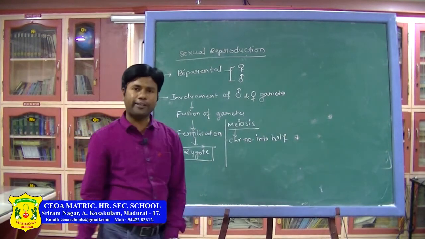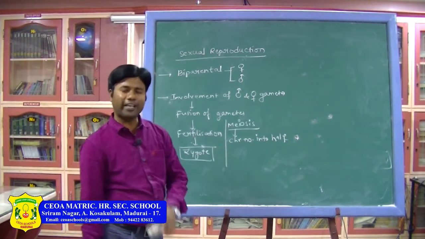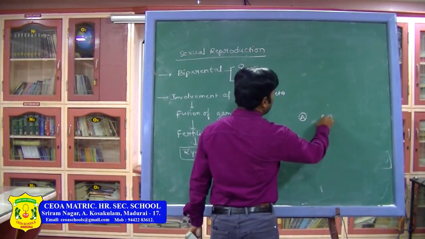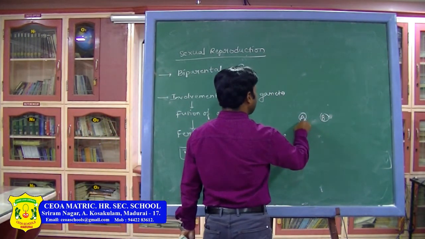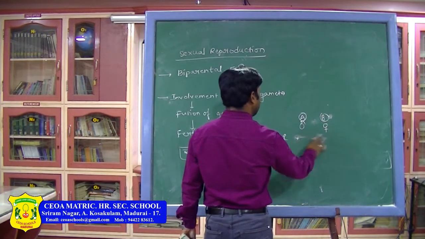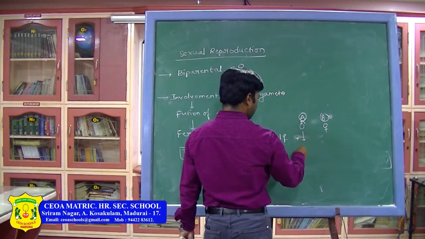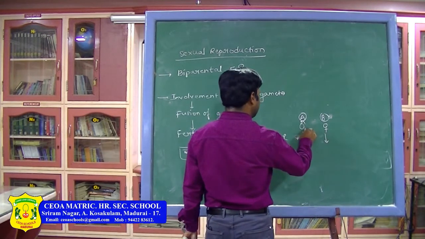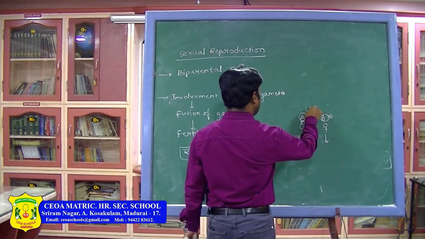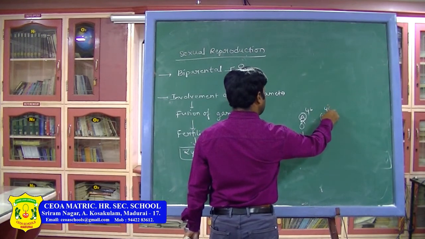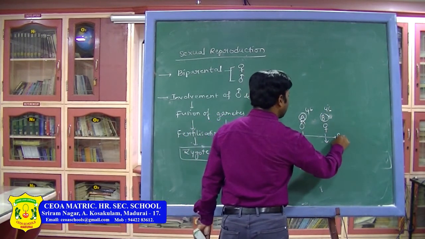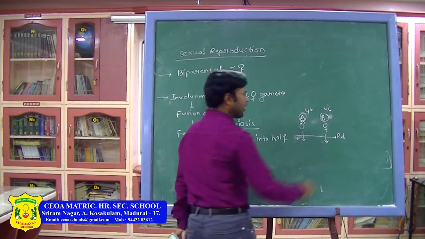Why does it have to be reduced? If it is not reduced, what happens? For example, A is an organism and B is an organism, male and female. The gametes are produced from the male and from the female. Let us see, the parental chromosome number is 46, here also 46. Meiosis, the reduction cell division, takes place.